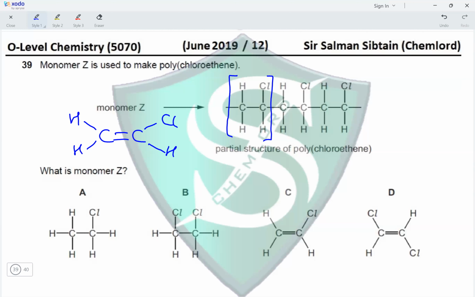A and B are automatically incorrect because they do not contain any double bonds. C and D contain double bonds, but C matches the structure that we have drawn, while D has 2 chlorine atoms present, one on each carbon atom, making it incorrect. Therefore, the correct option for this question is option C.